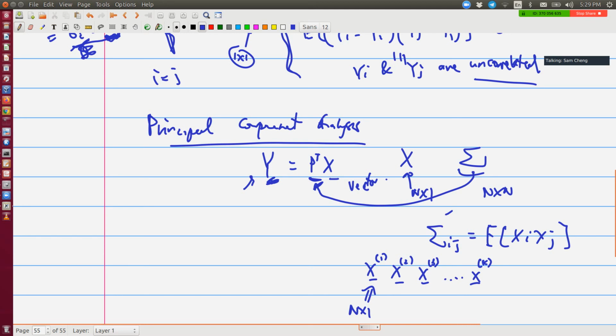Then you can approximate this as, let's say, x_k, the i element, times x_k, the j element.